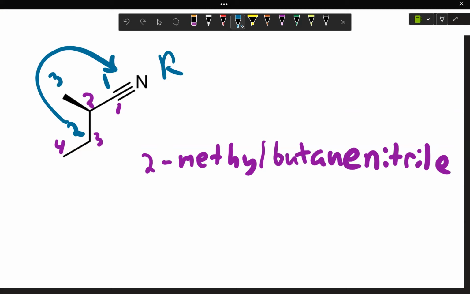No flip is R. So we're going to include that in the name. So we have R-2-methylbutanenitrile. To name nitriles, name the carbon chain normally with the E and then just end it in nitrile.